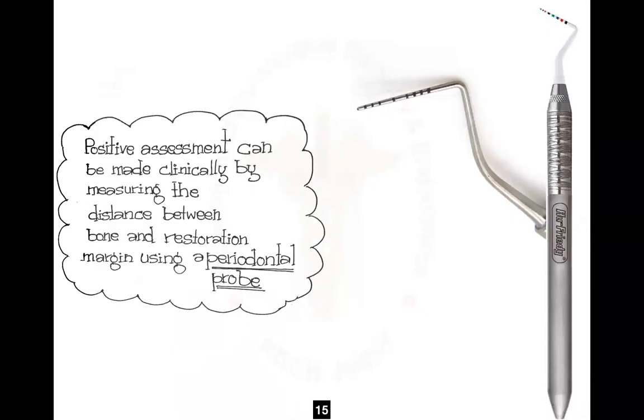Then what is the positive assessment, right? The positive test or positive assessment of biologic width, or how do you evaluate biologic width, can be made clinically by measuring the distance between bone and restoration margin using a periodontal probe. I repeat, it is as simple as that.